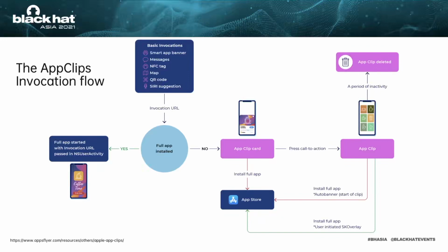You can choose to click Install to get the full app from the app clip card, and then we'll jump to the App Store to download it. You can also choose to try the app, and then the App Clip will open. The App Clip also provides the function of downloading the full app. After a period of inactivity, the system will automatically delete the app clip.